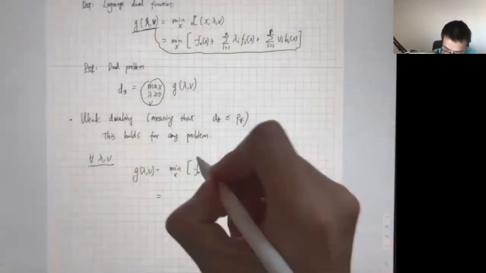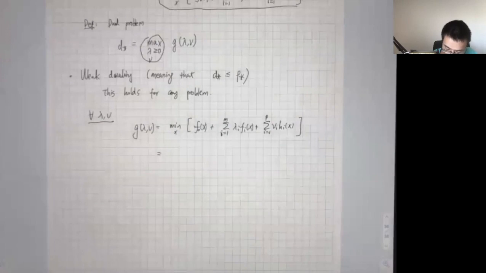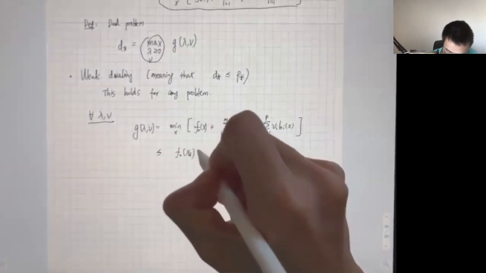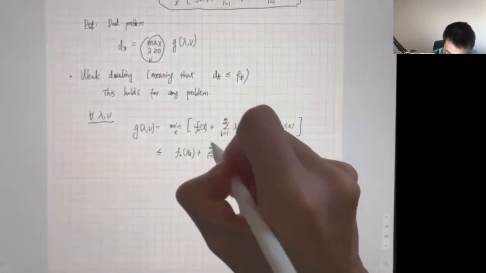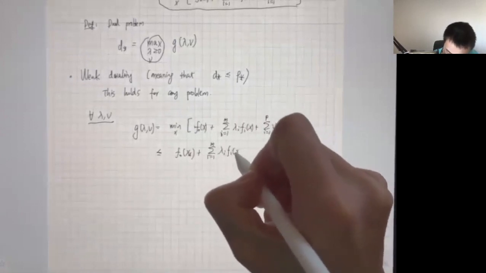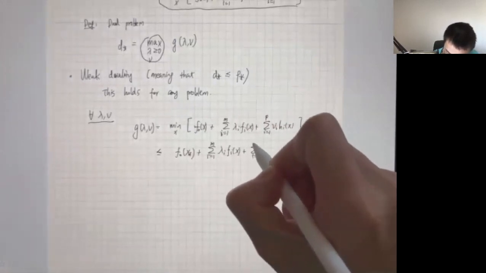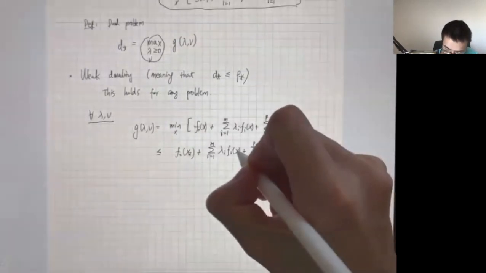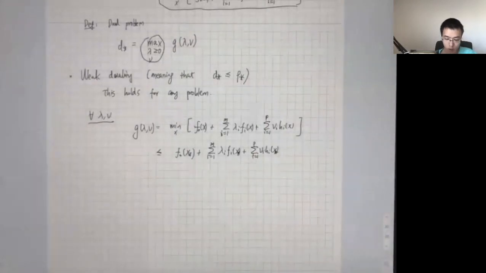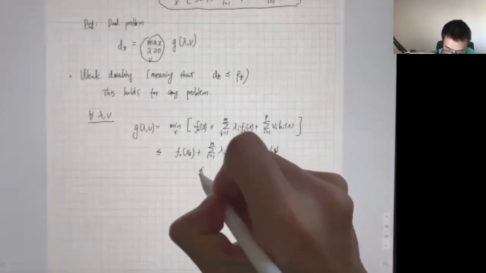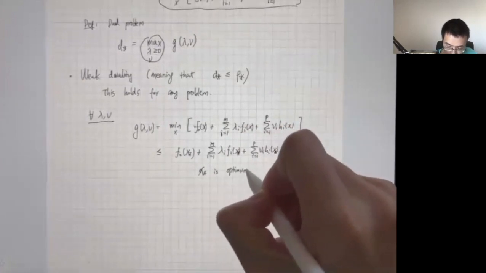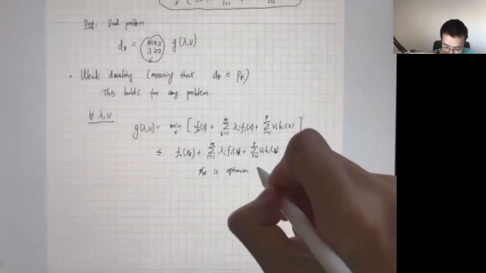But I'm saying this is less than or equal to f_0(x star) plus the other terms, where x star is the optimal solution for the primal problem.